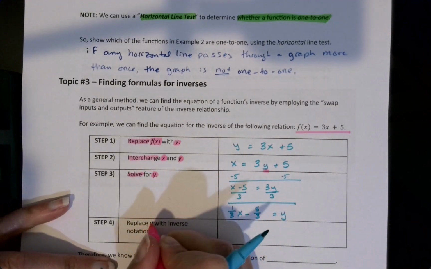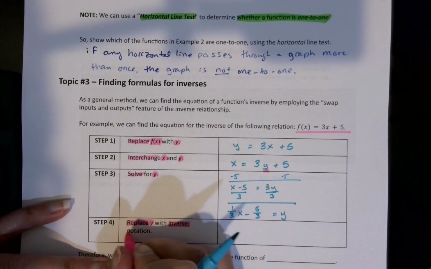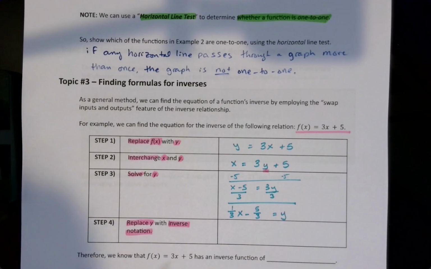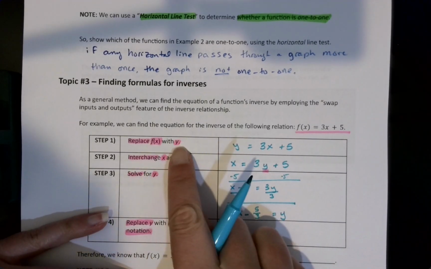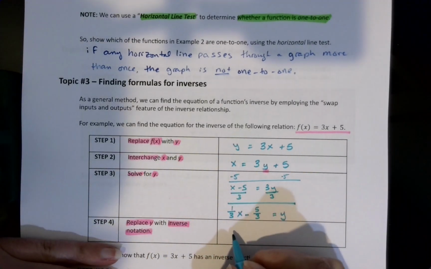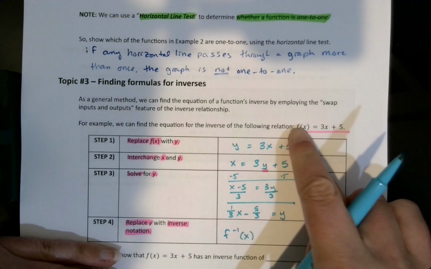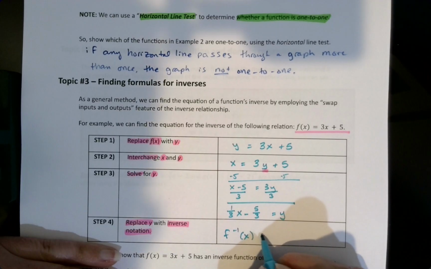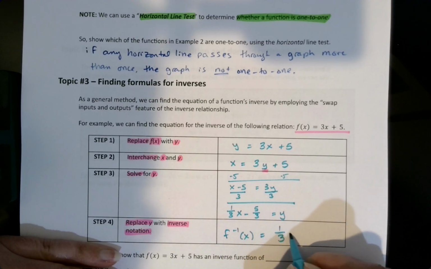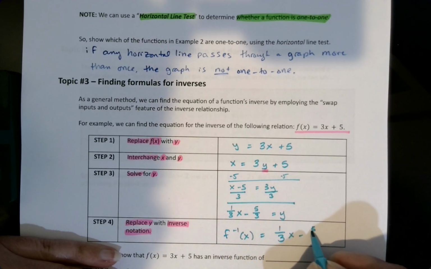Finally, we're going to replace y with our inverse function notation, just like we had originally replaced f of x with y. Now that y is by itself, that's going to be equal to the inverse function, f inverse of x equals 1/3 x minus 5/3.